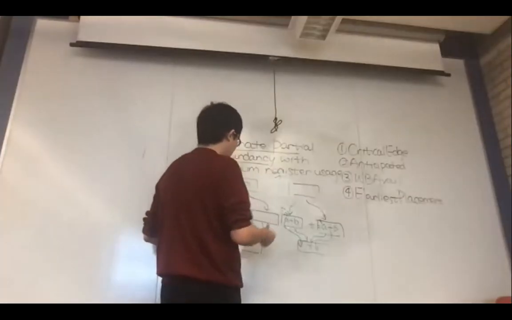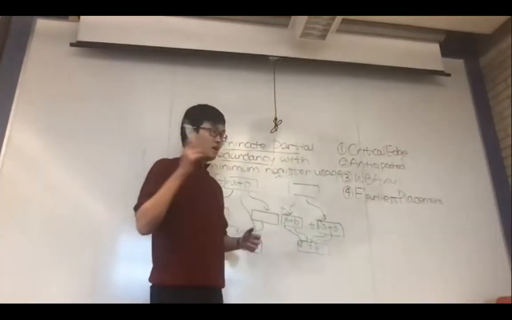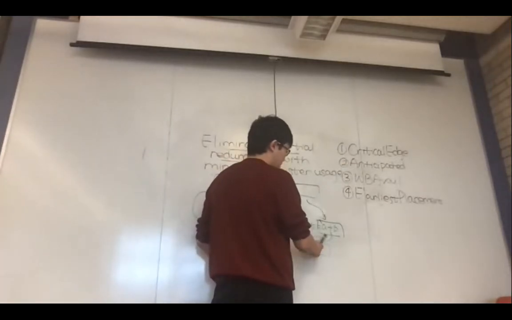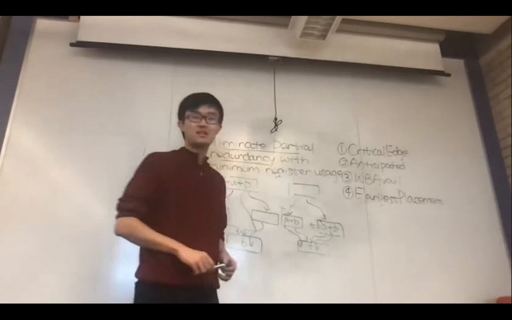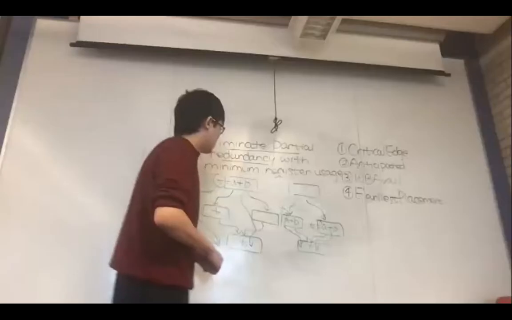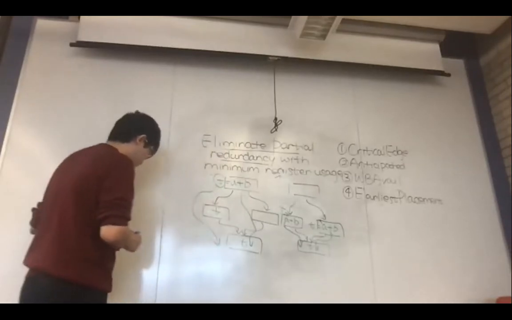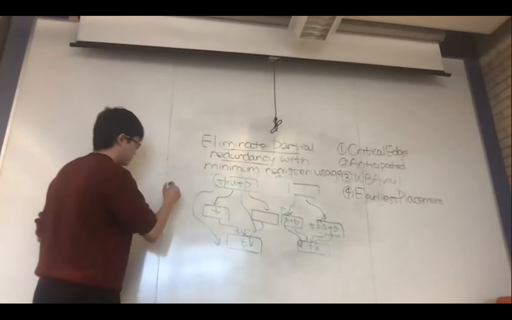I see what you mean here. You are concerned that the expression a plus b occurs twice in this case, right? To answer your question, let me first draw the baseline here.